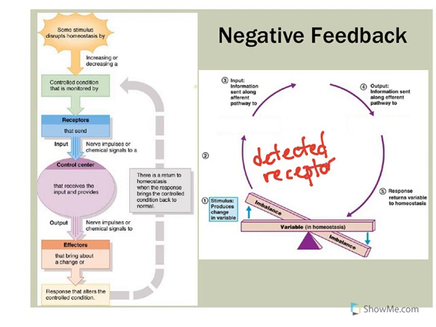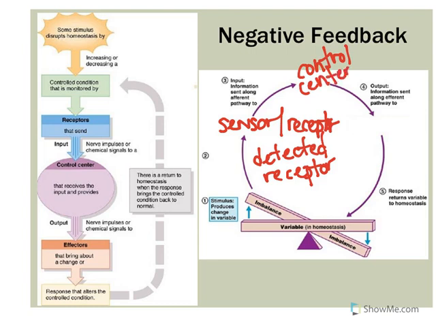And so we're going to put the sensor or the receptor here. And then that information is sent to the control center via an afferent, that's with an A, afferent pathway.